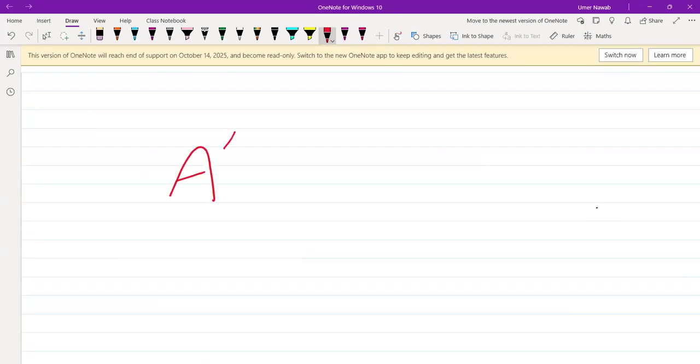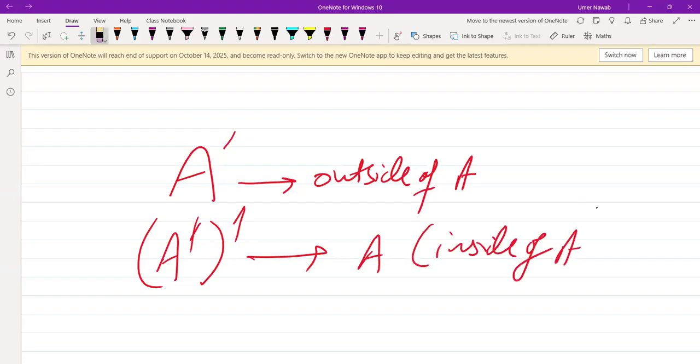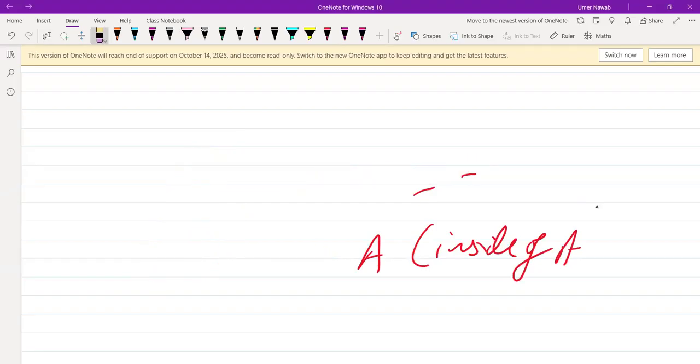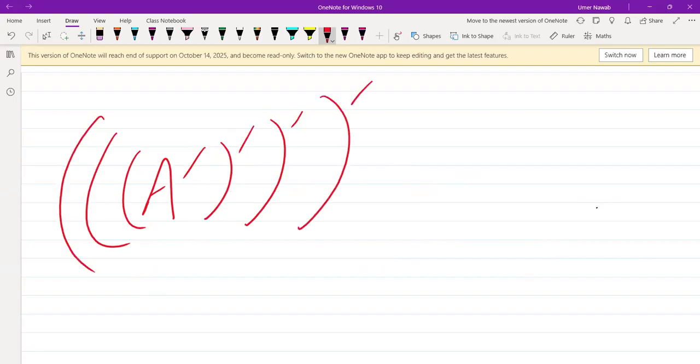Yani, if I have complement of A, it means outside of A. But if I write complement and then again complement, the complements cancel each other and you get A, yani inside of A. Suppose I'm writing A complement, complement, complement, and complement. Pretty easy. This complement cancels this complement, and this complement cancels this complement. So what is left to you? A.